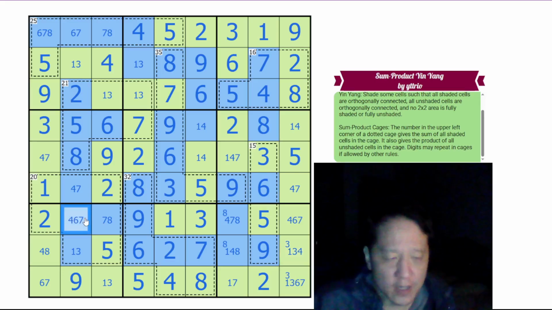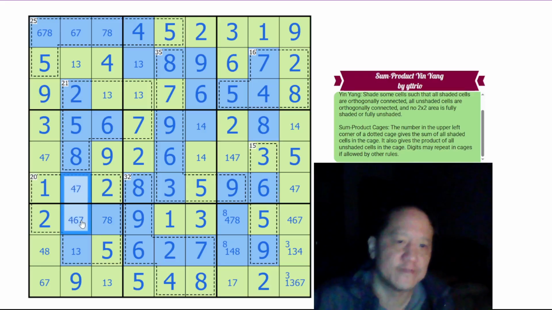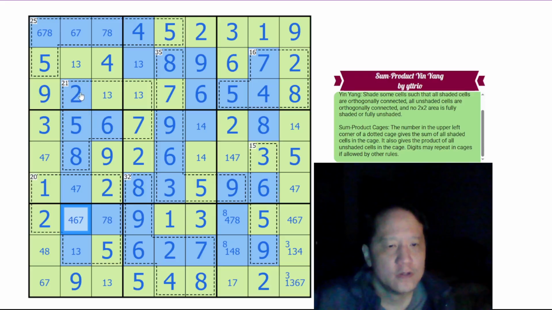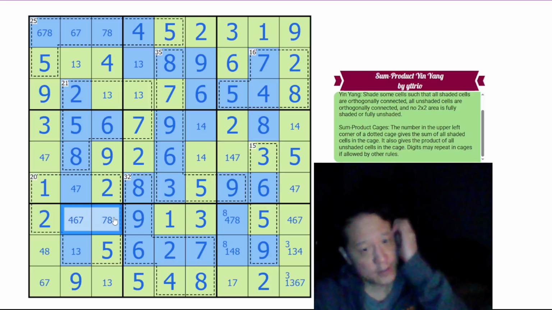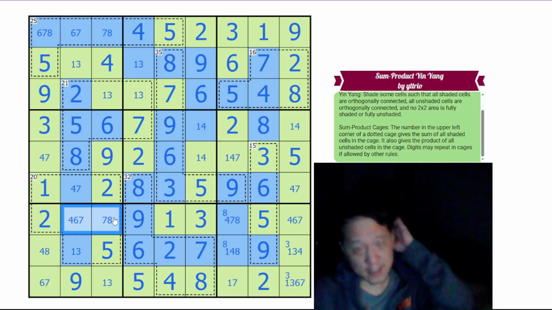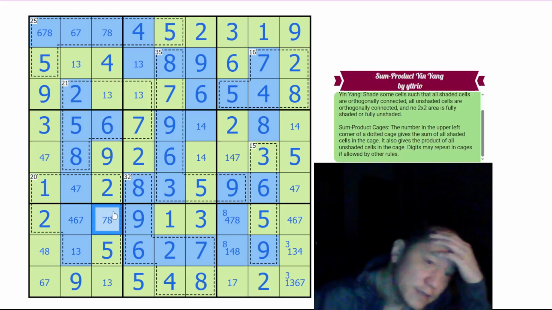Oh boy. We're guaranteed a 4 here. So 2, 8, 5, 6 adds up to 21, so that's fine. We have to figure this out then. This is the last part. Okay.